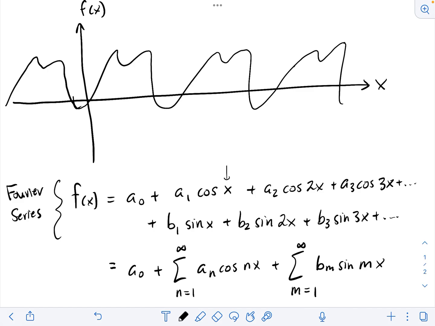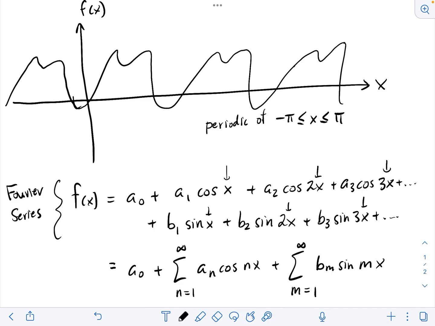Let's assume that this signal is periodic on minus pi to pi. Then there's a signal of twice that frequency, 3 times the frequency, and then we have the cosine and the sine terms. And it goes on and on.